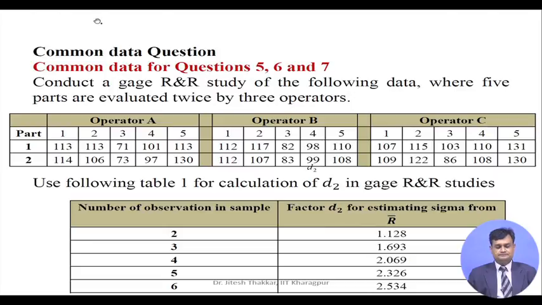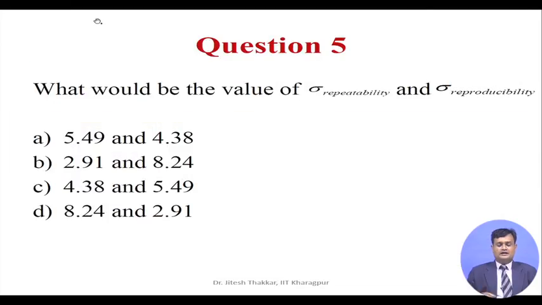Now, if we look at question 5, then what would be the value of sigma repeatability and sigma reproducibility? The options are on the screen. A, 5.49 and 4.38, B, 2.91 and 8.24, C, 4.38 and 5.49 and D, 8.24 and 2.91.